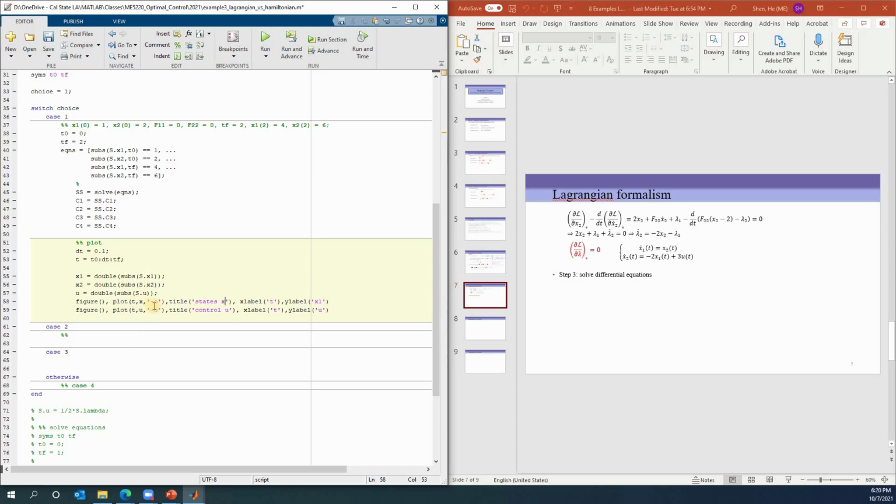Let's plot x1 and x2 together. tx1, we'll plot tx2 as well. Did we get everything? So x1, x2, x1, x2, tu. Okay, so this is the first choice. This represents the first problem, right? Let's plot that. And click run.